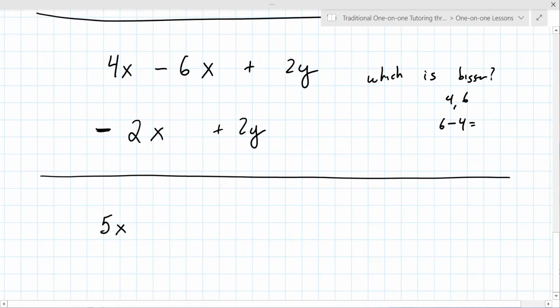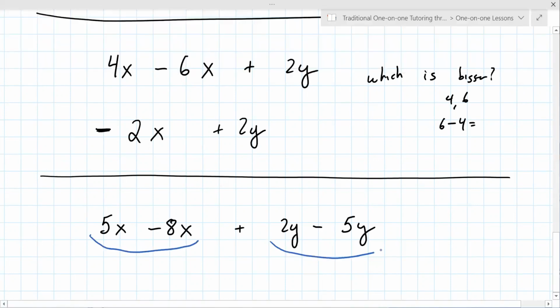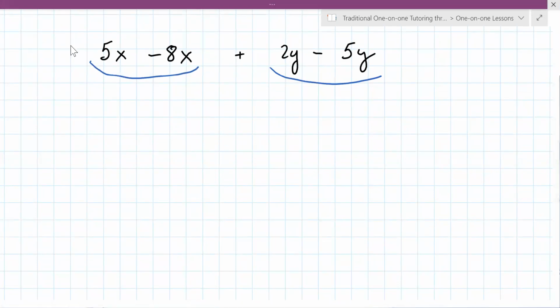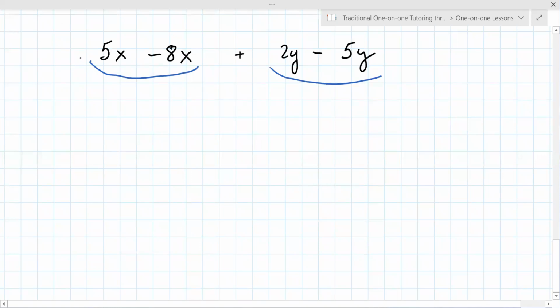What is 5x minus 8x plus 2y minus 5y? So this is really two separate problems lumped together. You have to do this part, and then you have to do this part. Okay. So 5x minus 8x, same set of questions. Which is bigger, 5 or 8? 8.